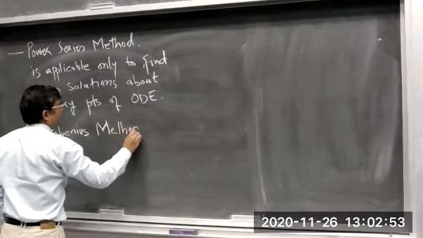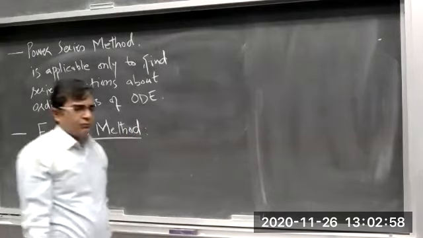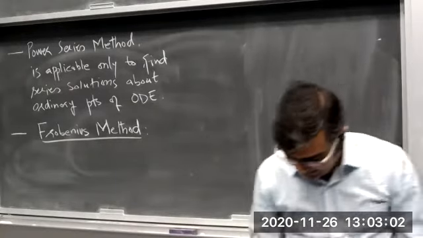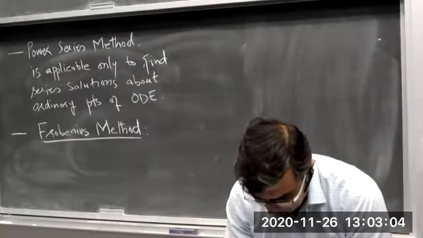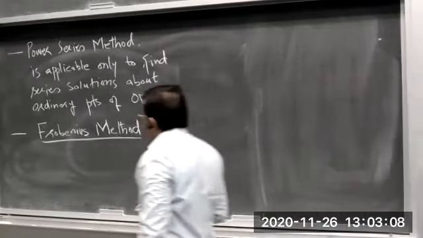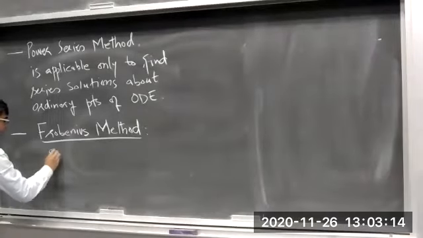It is also the series method. So Frobenius modified this method in order to find the solutions about the singular points. Now, Frobenius further explained that singular points are of two types.